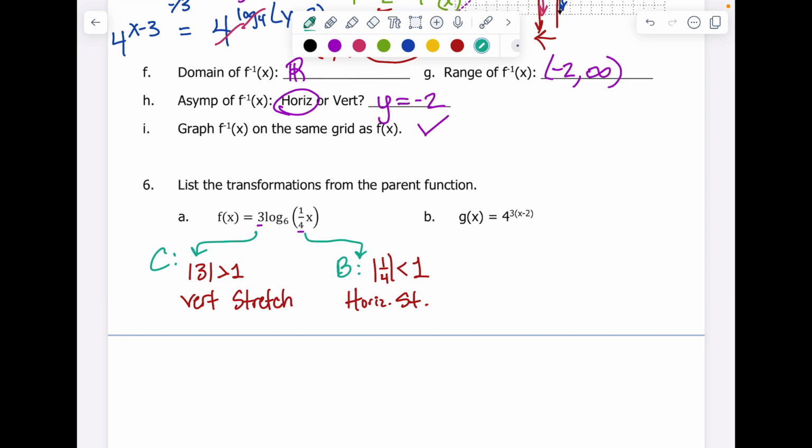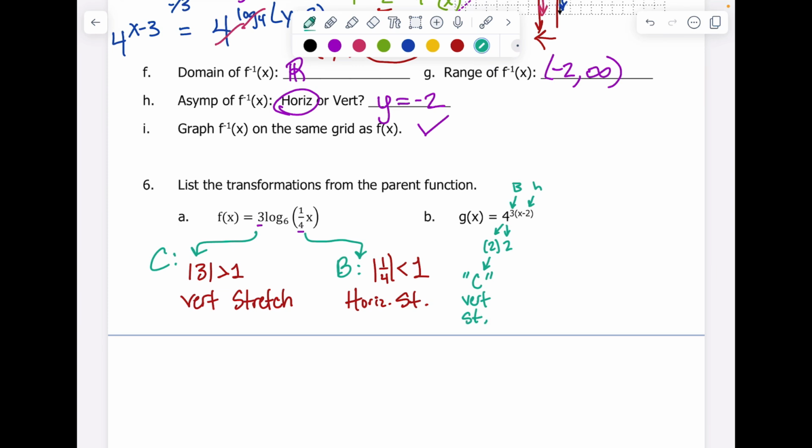All right, guys, for this last one on 6b, there are two transformations. One comes from this 3, which is a capital B value, and one comes from the 2 inside parentheses, which is a lowercase h. You could say, like, if it told you that the parent of this function was a base 2, you could say that it had a C value of 2, which would be a vertical stretch.